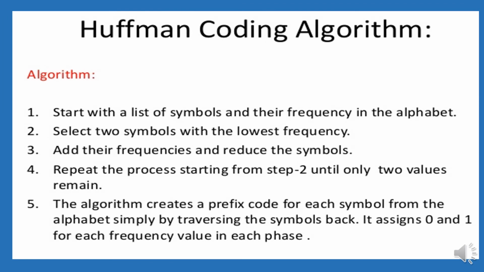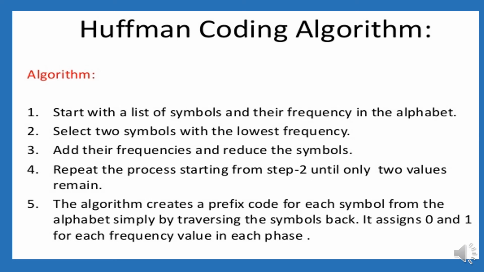Now see the Huffman coding algorithm. These are the steps. The first step is to start with a list of symbols and their frequency in the alphabet. Second, select 2 symbols with the lowest frequency. Third, add their frequencies and reduce the symbols.